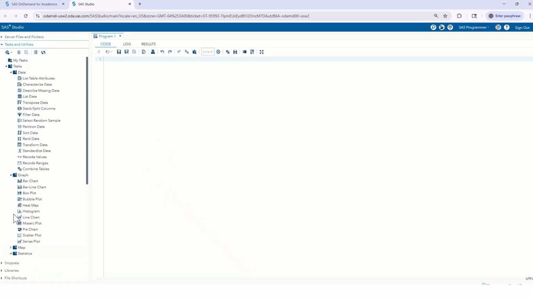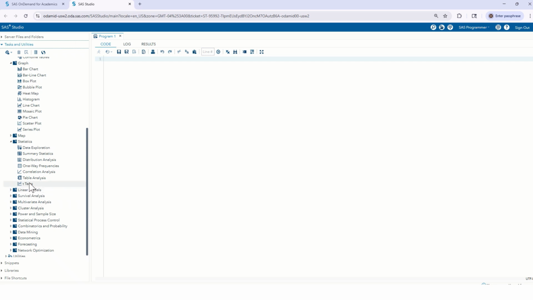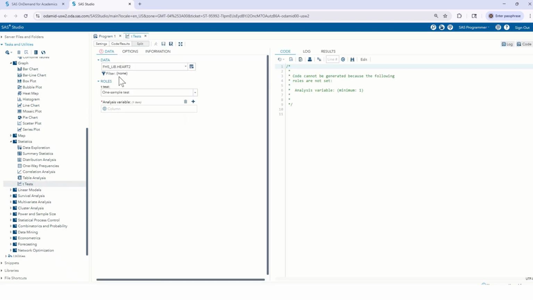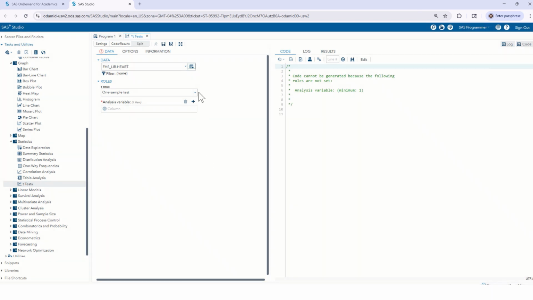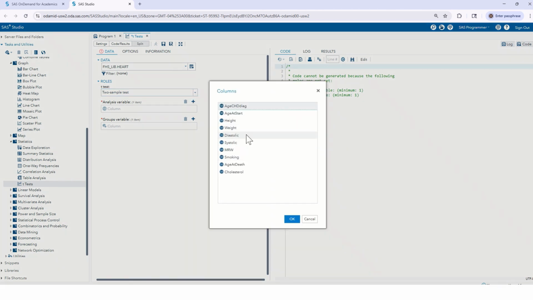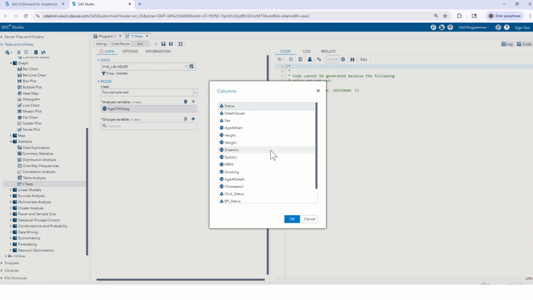Go to Tasks and Utilities. Under Statistics, let's run the t-test one more time. You can use fhs_lib.heart2, but let's use Heart-1 for now. We'll use Heart-2 for other demonstrations. Choose the two-sample t-test, and let's use age at which chronic heart disease was diagnosed as our analysis variable, and sex as the grouping variable.